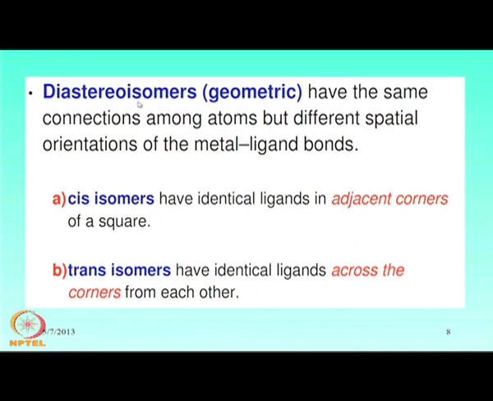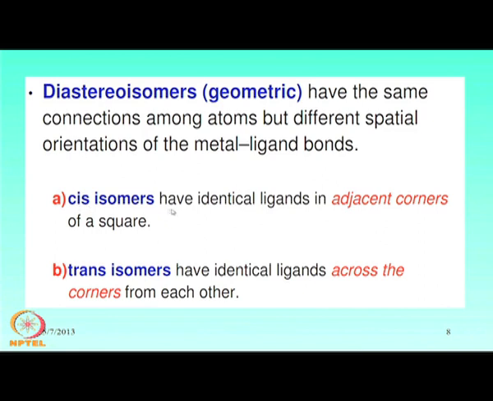These are very important types of molecules in coordination chemistry. We get some compounds as diastereoisomers, that means they are not related to any kind of optical activity, and have the same connections among atoms, meaning the metal atom and the ligand atoms, but different spatial orientations related to the metal-ligand bonds.